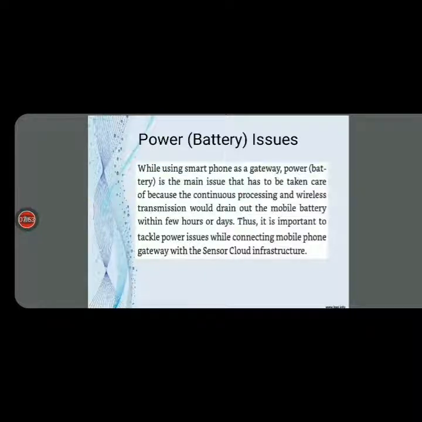Then the sensor will not work, so we have issues in the power system. Within an hour or within a day, only while power is available can it be used. No power means the sensor will not work.